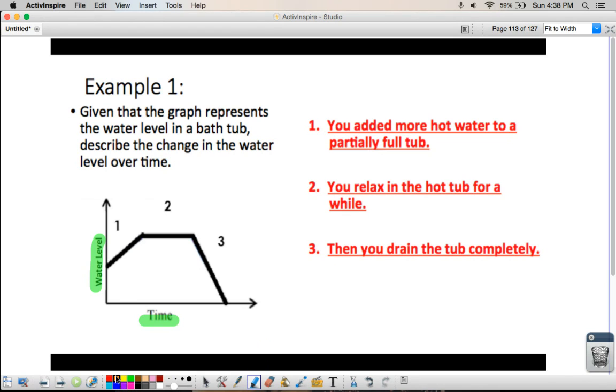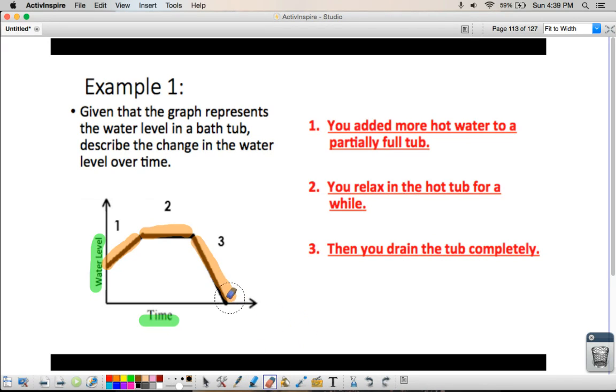So this tub already had some water in it, so we're starting here, not at 0, but there's already some water in it. So you added some water to it. You relax in the tub for a while, which means you turn the water off, and it's constant. The water level stays the same. And then you drain the tub so all the water comes out.